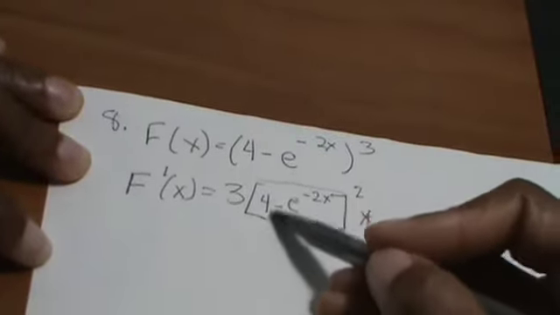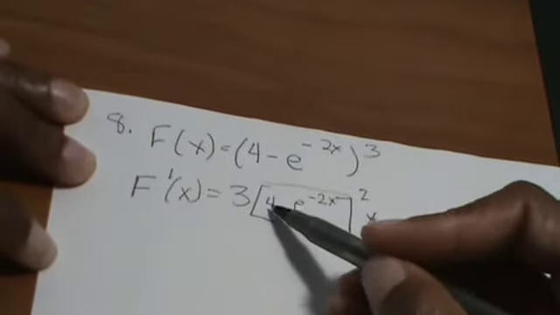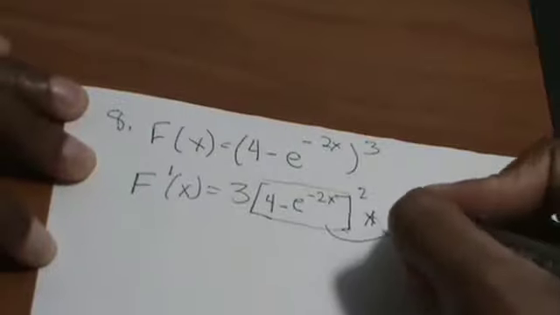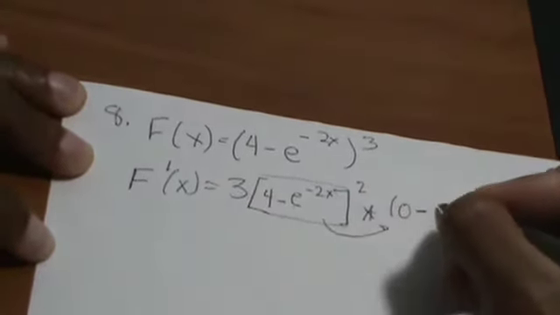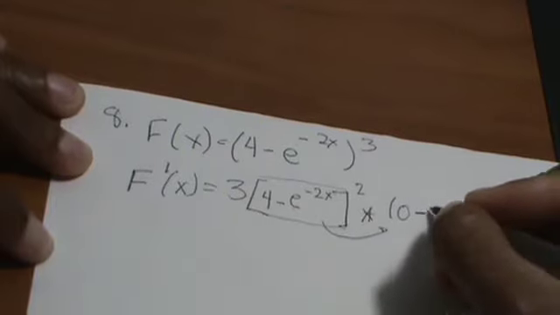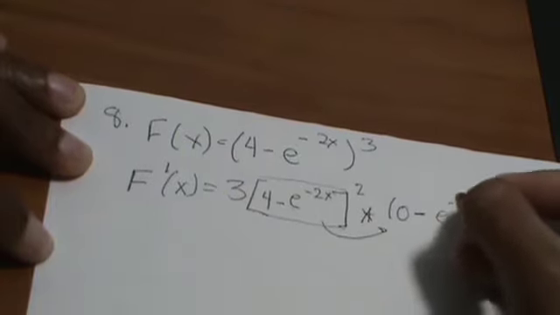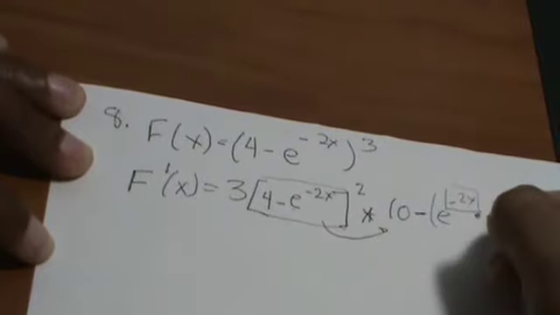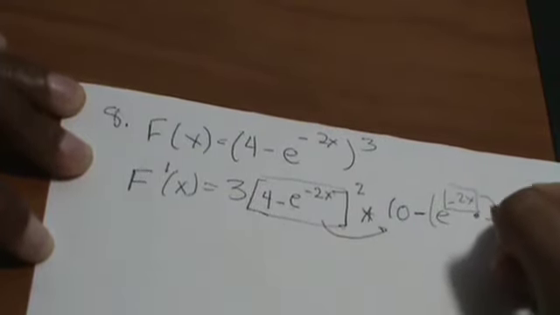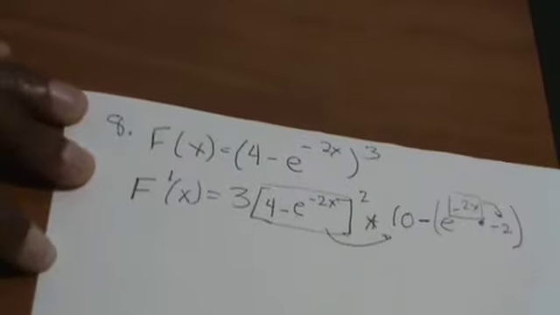Notice there is a wall right here between these two. So I'll take the derivative of 4, which is 0, minus the derivative of e to the negative 2x. Notice it is an e, so copy e to the negative 2x times the derivative of this power, which is negative 2. That takes care of everything.